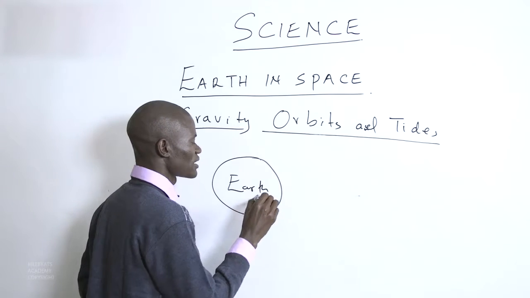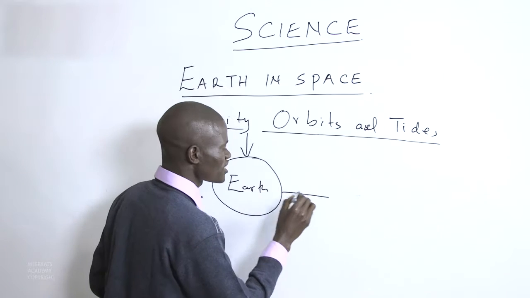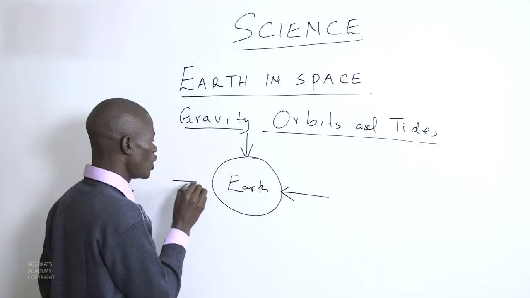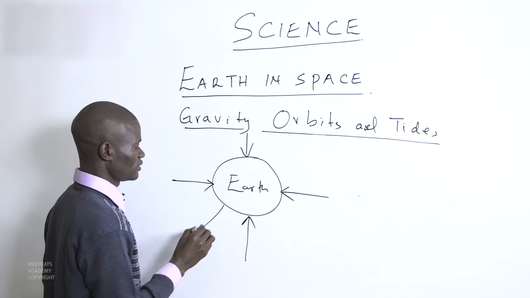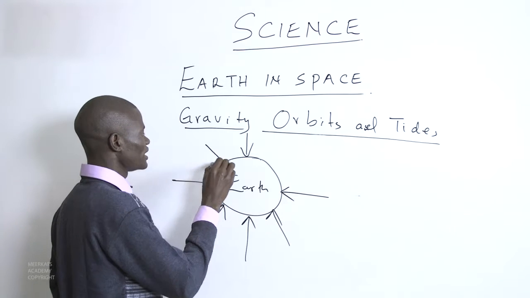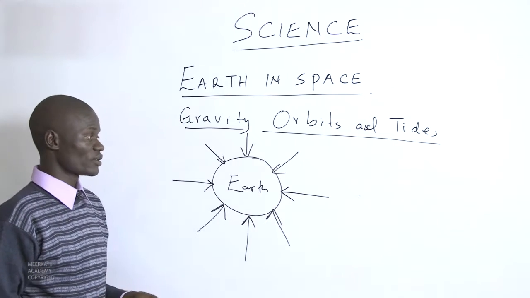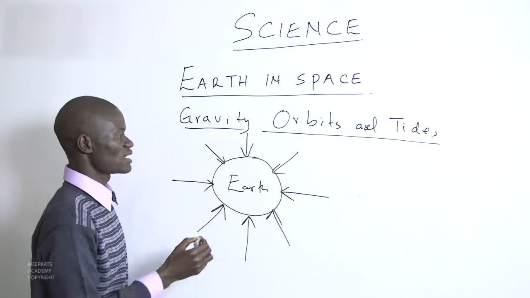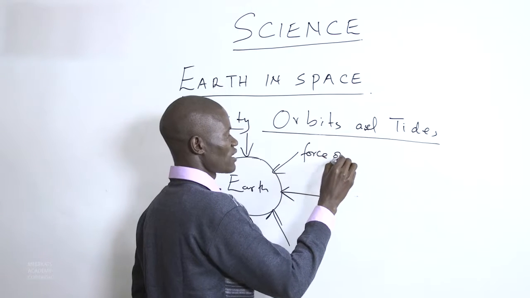Suppose this is the Earth. The force will act on this Earth from all directions. These forces will work from all directions. It is not only from one direction. These arrows represent the force of gravity.